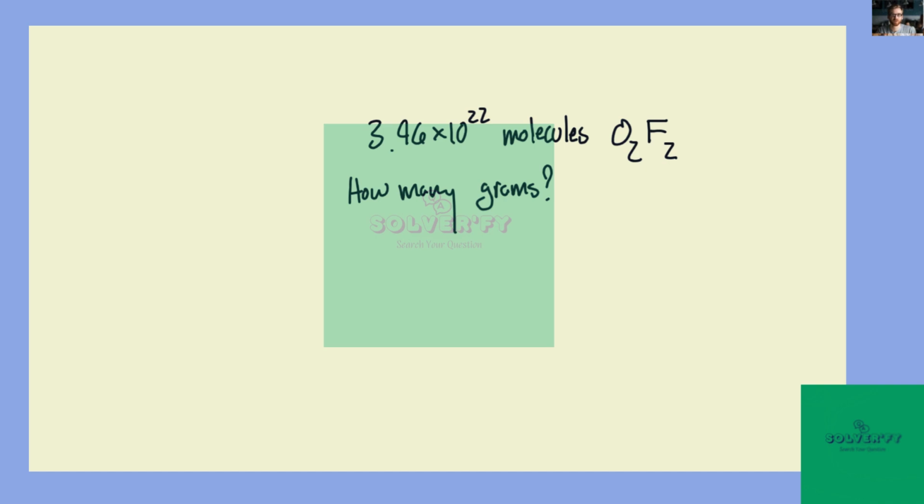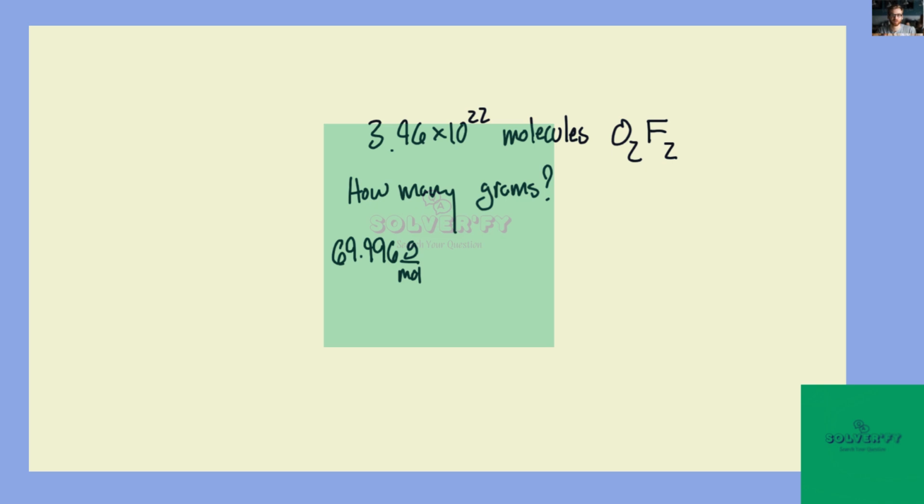So the molecular weight of dioxygen difluoride is 69.996 grams per mole. Now, if we knew how many moles of dioxygen difluoride we had, we could ascertain how many grams of dioxygen difluoride we have, right?